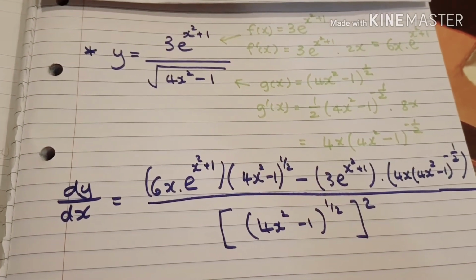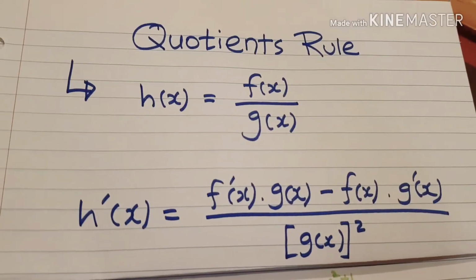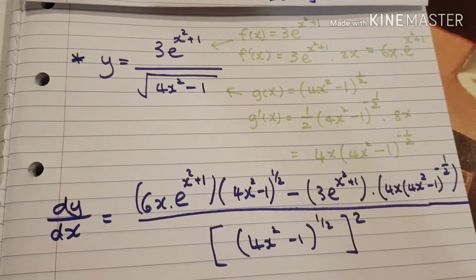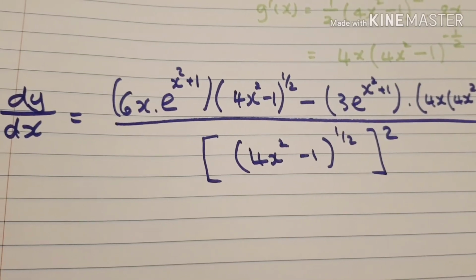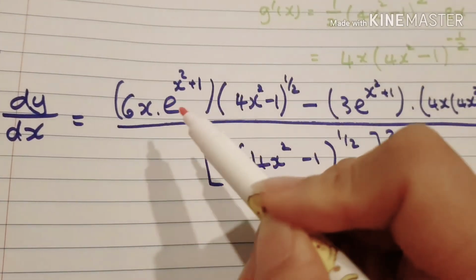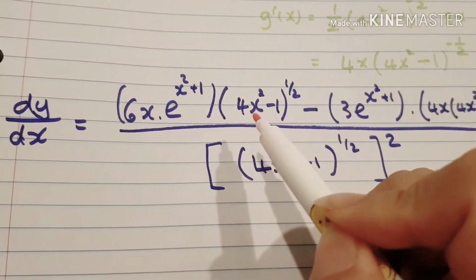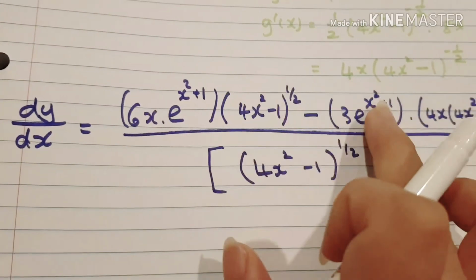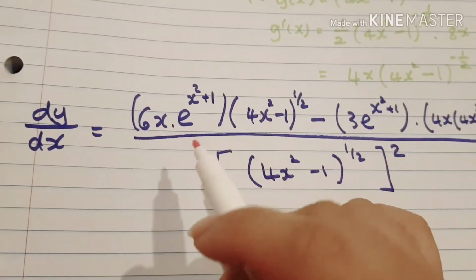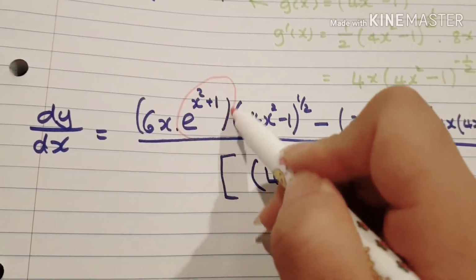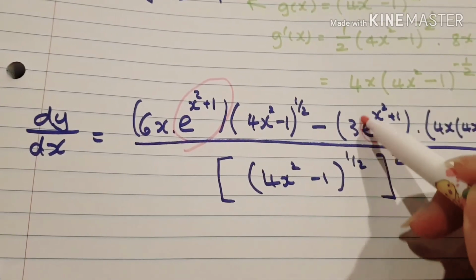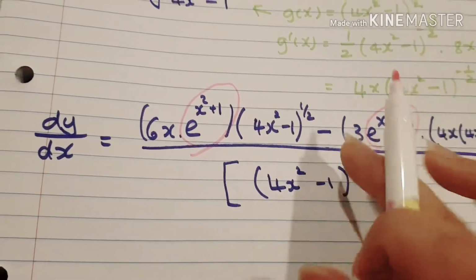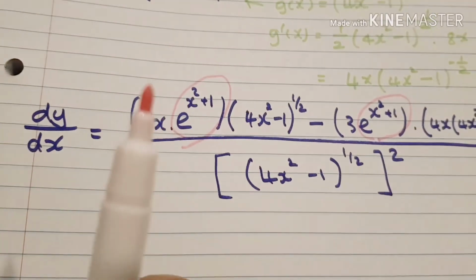I just follow the formula of the quotient rule, which is this. It applies the same concept. So over here, this is multiplication minus multiplication. If I look at both sides, oh, I have this one and this one in common. So I'm going to pull this out from each side.